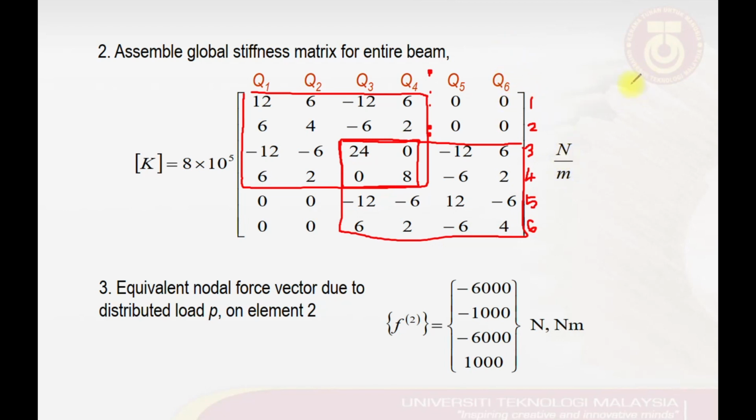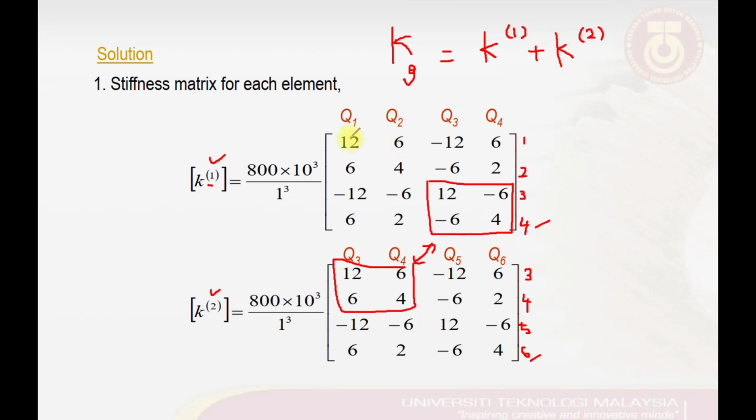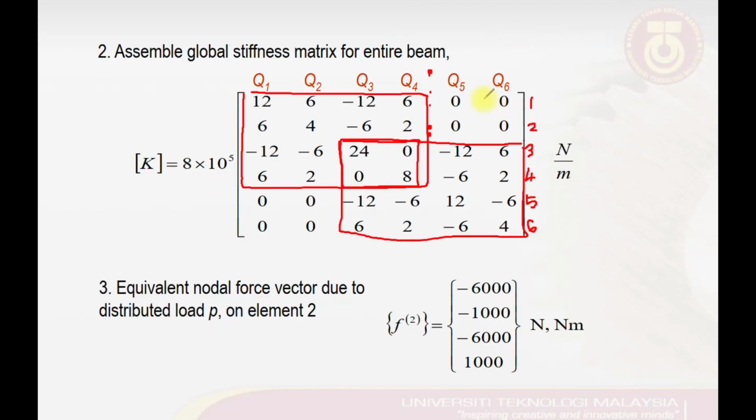So for an element that does not exist in its relations here, for example column 5 and row number 1, which does not exist in our element matrix, then we can simply replace this value by zeros.